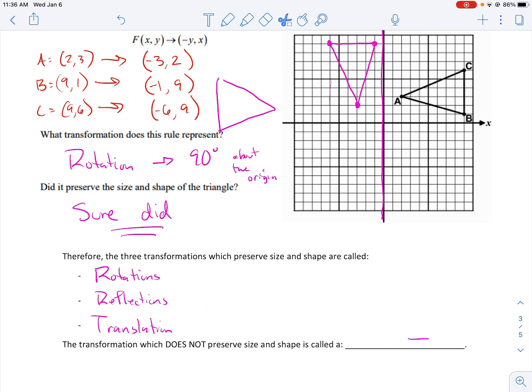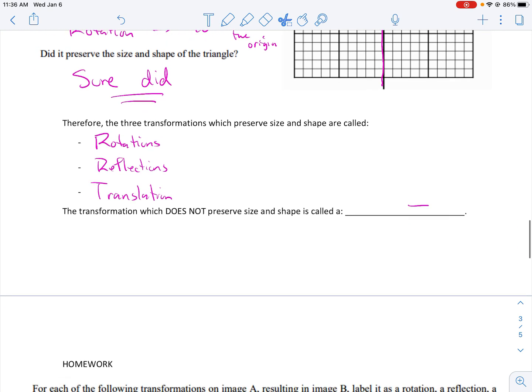Just know that that's a rotation in the sense that we rotated it 90 degrees. The transformation which does not preserve size and shape is the last one, which we already discussed earlier, called a dilation. That dilation either forces the image to get bigger, or it gets smaller.